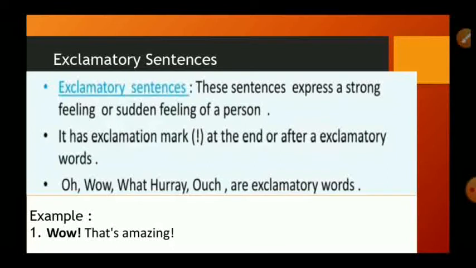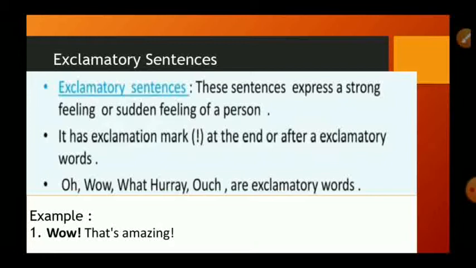Our last kind of sentence is the exclamatory sentence. Exclamatory sentences are the sentences which express a strong feeling or sudden feeling of a person. So we can say that if we have to show our feelings or strong expression or strong emotions, we use an exclamatory sentence.